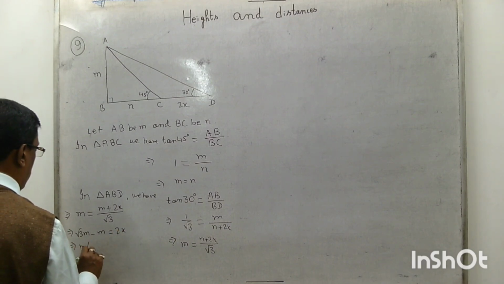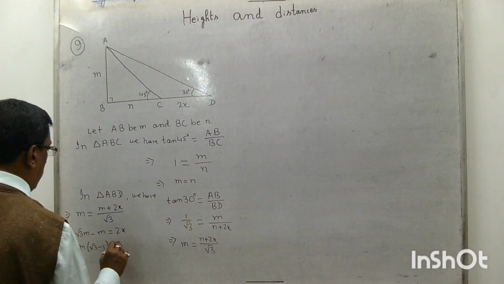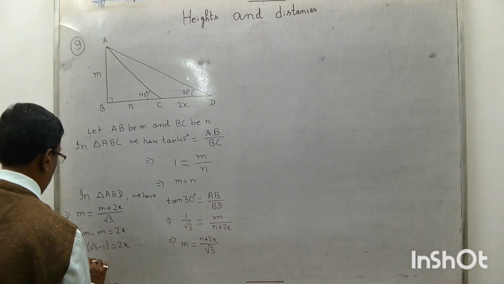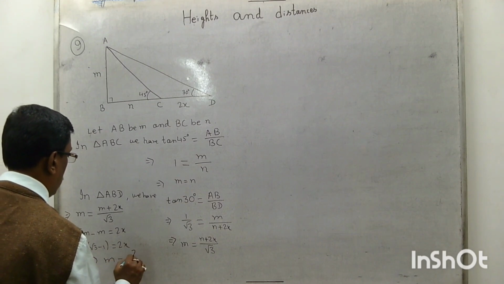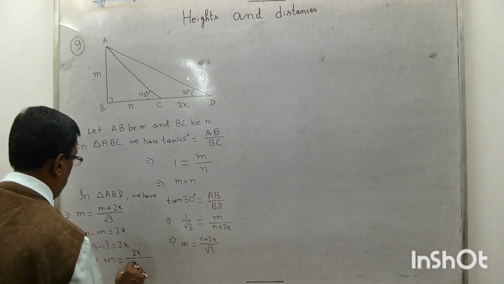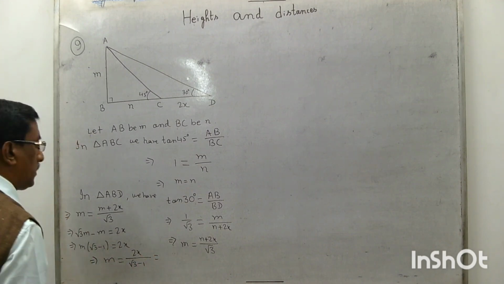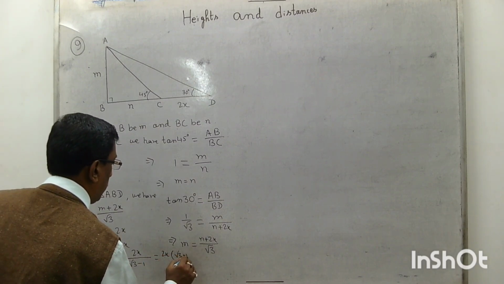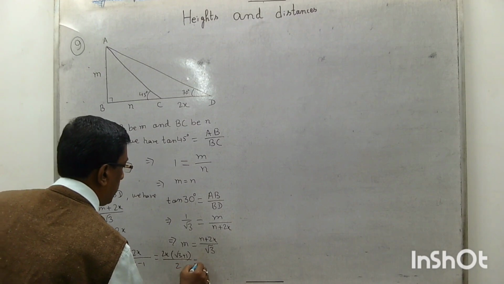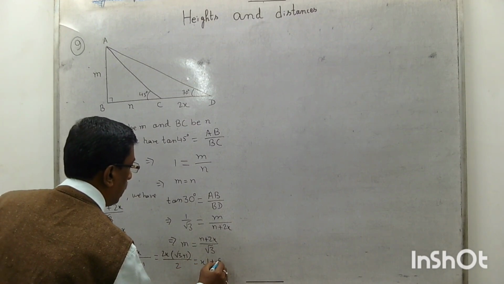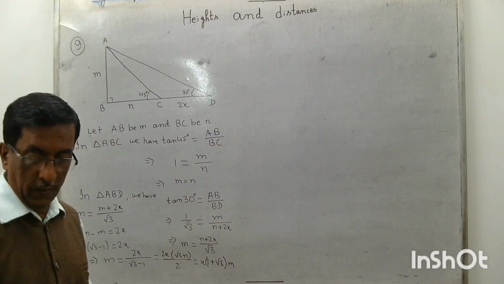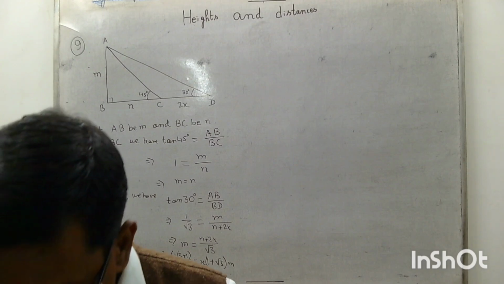M root 3 minus 1 equal to 2x. M equals to 2x by root 3 minus 1, which is 2x root 3 plus 1 by 2, that means x into 1 plus root 3. So this was the height of the tower.